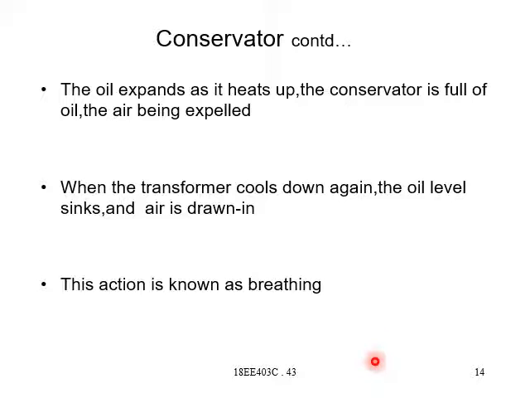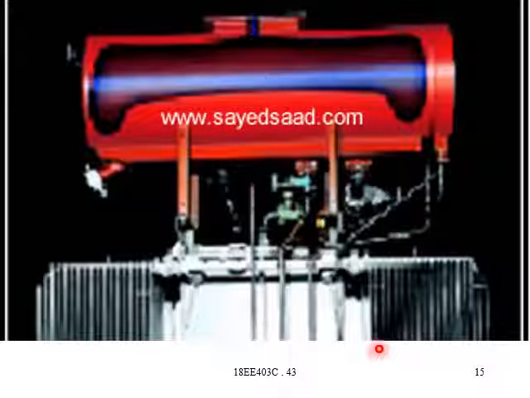Move on to the next slide, and here you can see the conservator tank connected on the top level of the transformer tank, where you can see the level of oil in it.